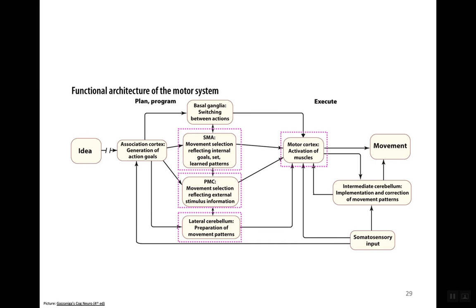So, for instance, we have learned that the supplementary motor area and the pre-supplementary motor area is valuable for learning and for executing sequences of movements. But we have also just learned that the cerebellum plays a key role in learning new patterns of movement.